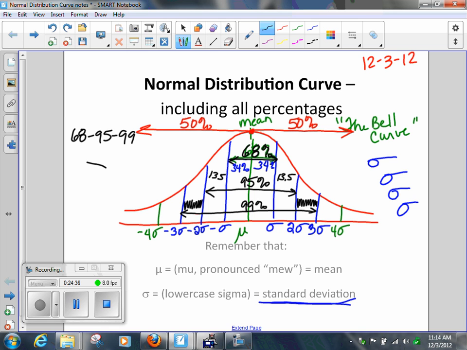How much is it? Excellent. 2% here, 2% here. And then I want you to tell me the percentage under that curve from 3 standard deviations to 4 standard deviations.